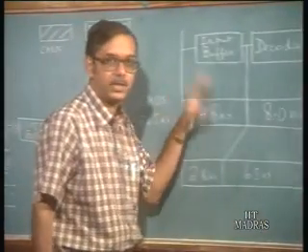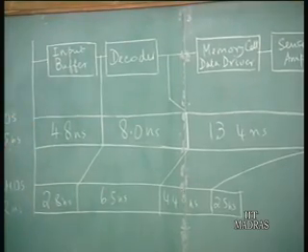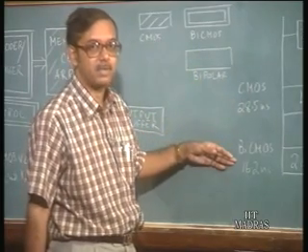So, in that paper, they make a comparison of the delays of the various elements in a memory. They compare the delays of a CMOS memory with that of a BiCMOS memory.